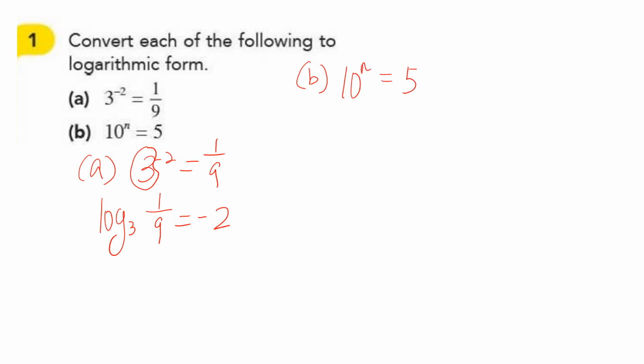Always start off with the base. So log base 10, then 5 equals n. Okay, so log base 10 is common log, right? So we need to replace it with the symbol lg. So this is one extra step that you need to do. Okay, that's it.